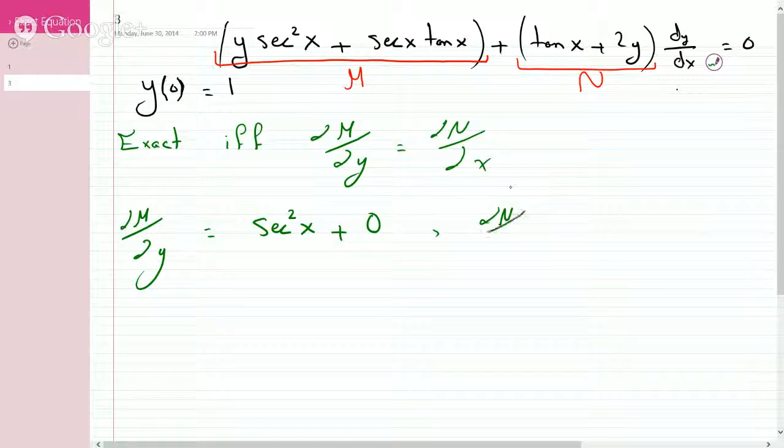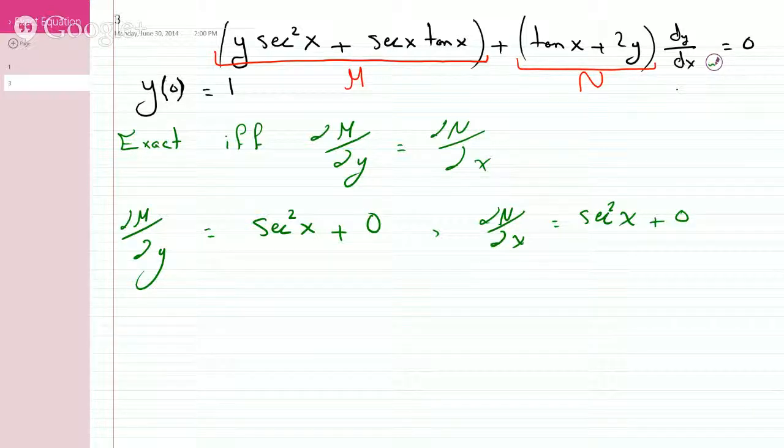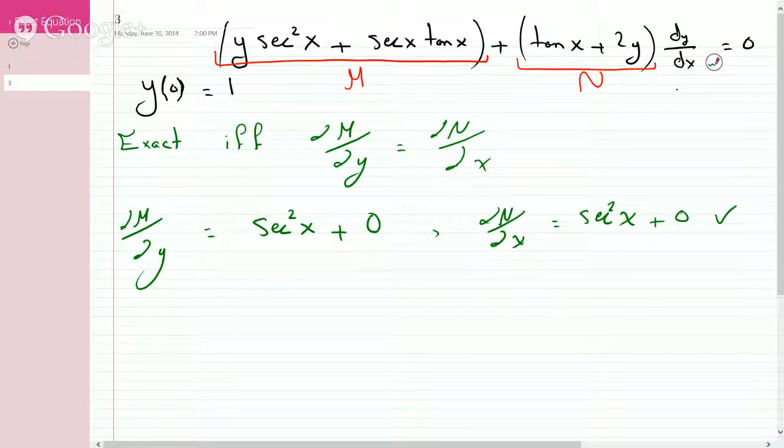And then dN over dx will be, tan x will just be secant squared x, and 2y, we hold the y fixed, so y is not the variable now. So plus 0. And indeed, they are the same. Therefore, it's exact.